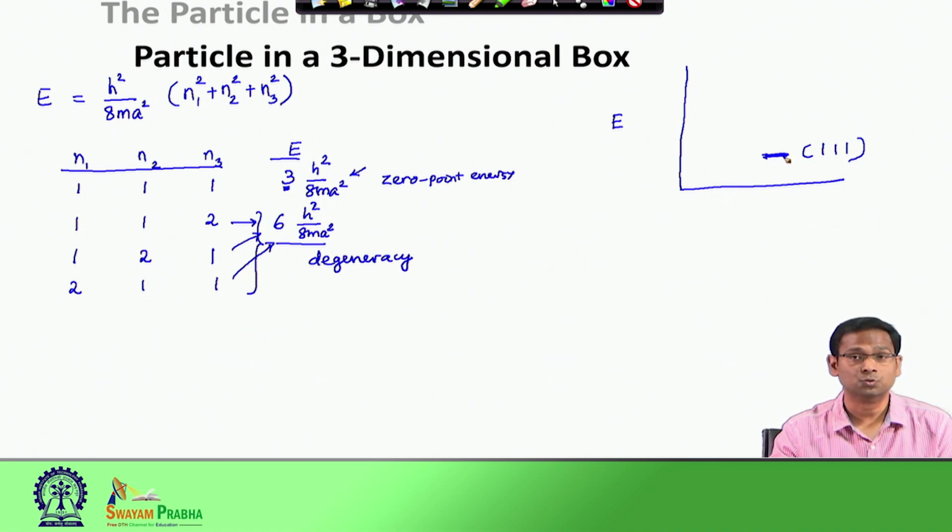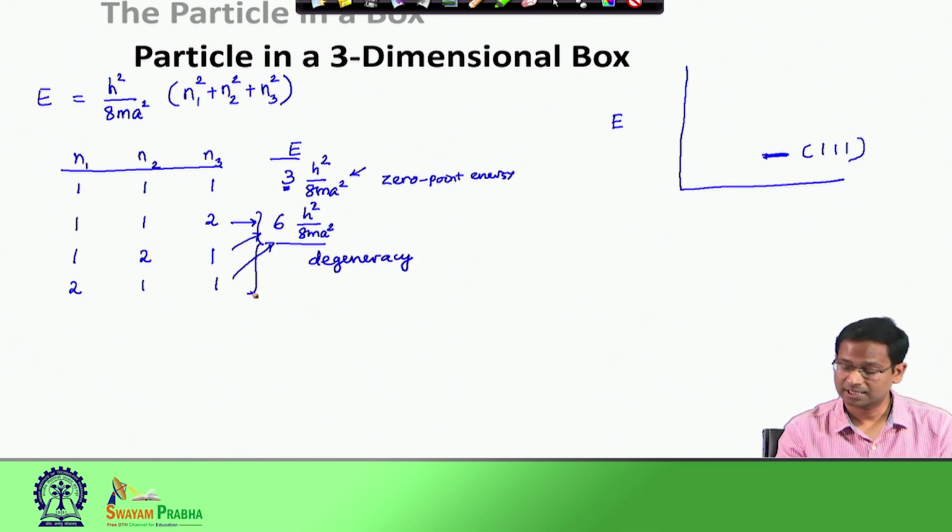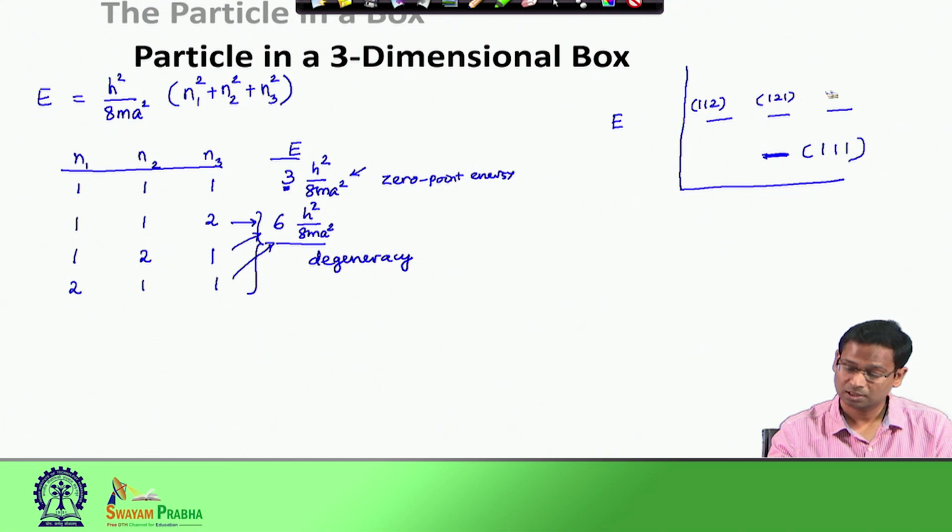That means there exists one eigenfunction which has this eigenvalue. The next set of eigenfunctions, 1 1 2, 1 2 1 or 2 1 1, all 3 of them have the same energy. So, I write it like this.